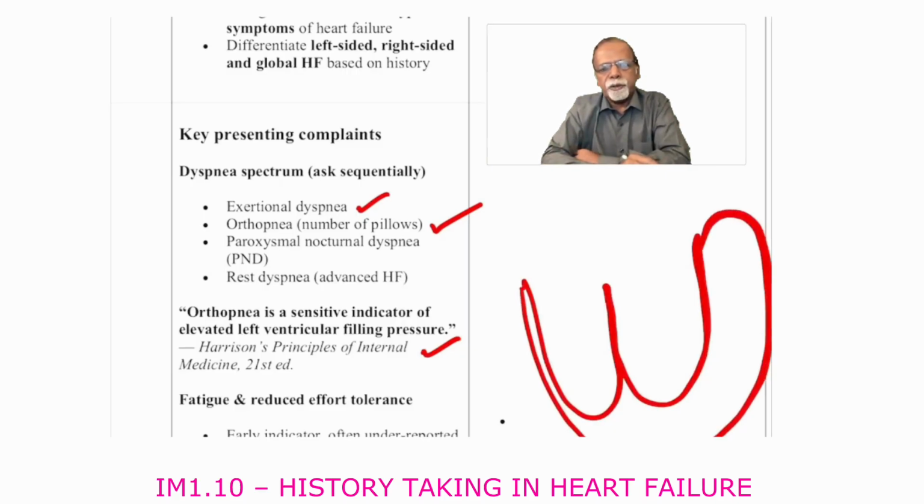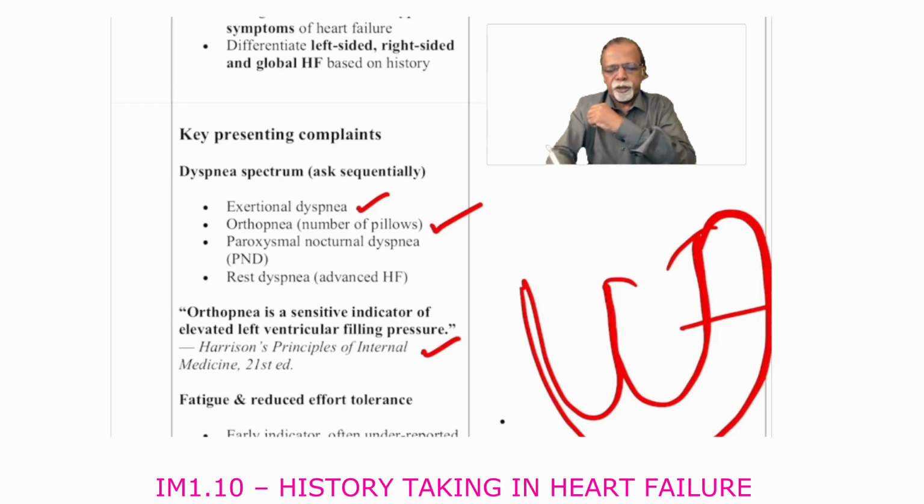And we know the mechanism of breathlessness in heart failure. When the heart fails as a pump, the end diastolic volume is increasing because the ventricle is unable to pump the blood. So what will happen? Back pressure, the left atrial pressure increases. That is transmitted to the pulmonary veins which are connected to the left atrium. So what happens?